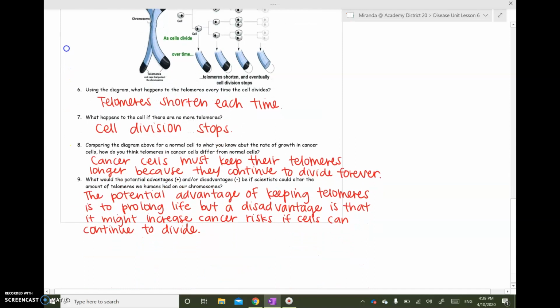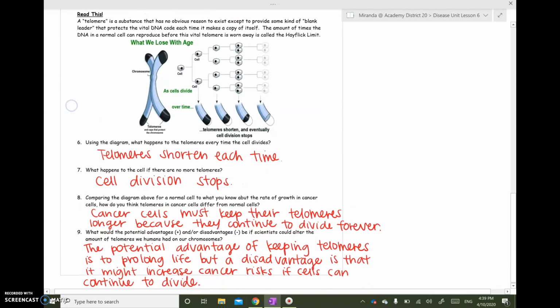And then we have our telomeres. So this is our last part. So a telomere is going to be kind of like a cap. Okay, it kind of looks like a cap at the end of a chromosome, and over time it gets less and less. So telomeres are going to shorten every time. Eventually, whenever there's no more telomeres, then cell division will stop, aka apoptosis.